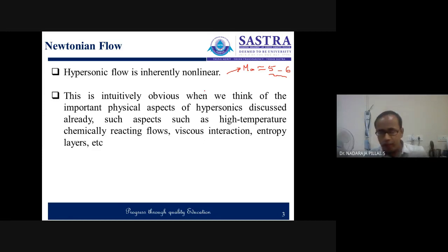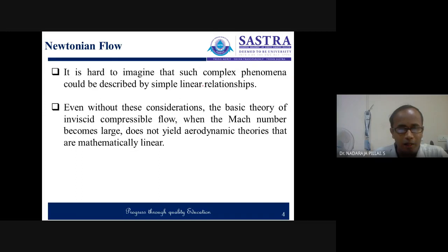But we have a point. Even though hypersonic flow is based on various phenomena, if there is a supersonic flow theory which we can adapt to hypersonic flow, that will be much better. So, with this consideration, the basic inviscid compressible flow theory can be applied, right?